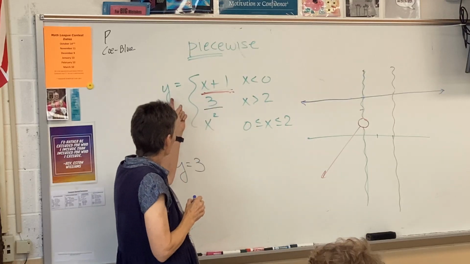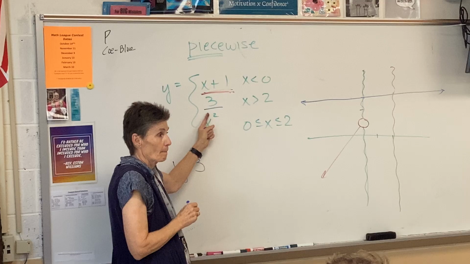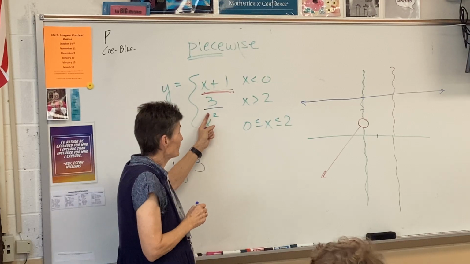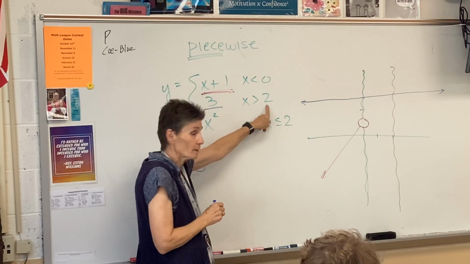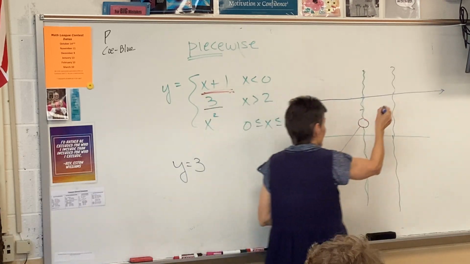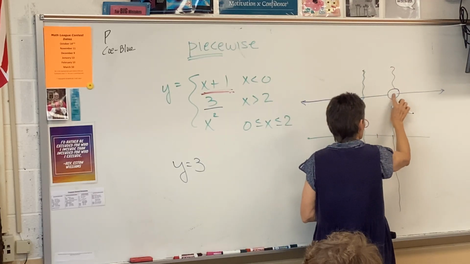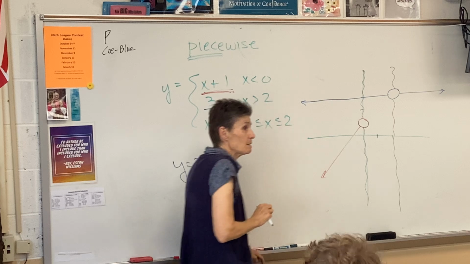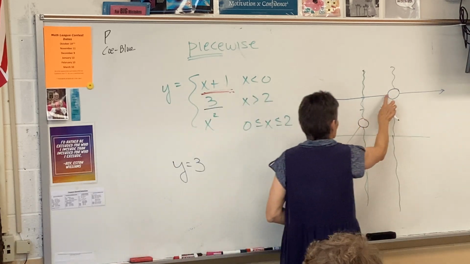That's the line where y equals 3. It hits both squiggles, but I only care about where it hits 2. So that's right here. Ooh, that will be an open dot. And I will keep which way? I'll keep the right.